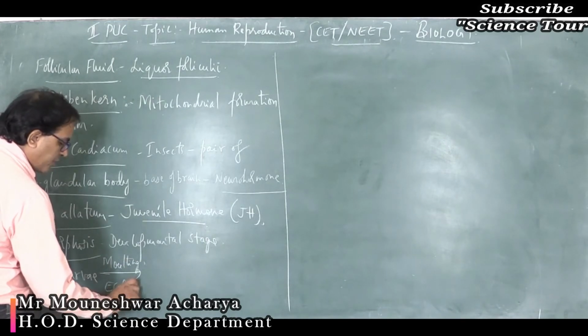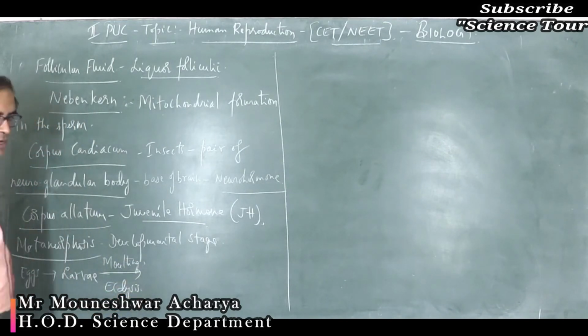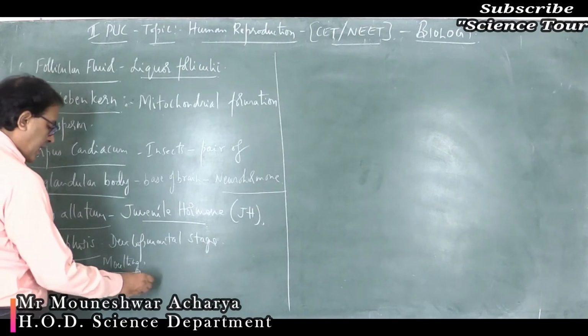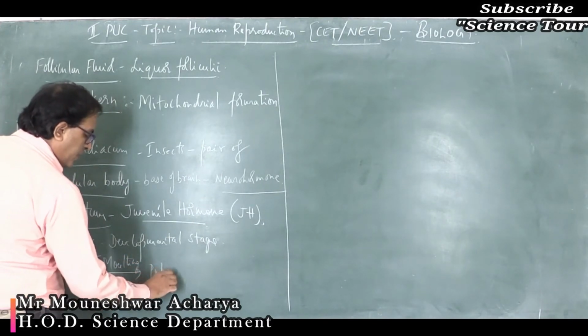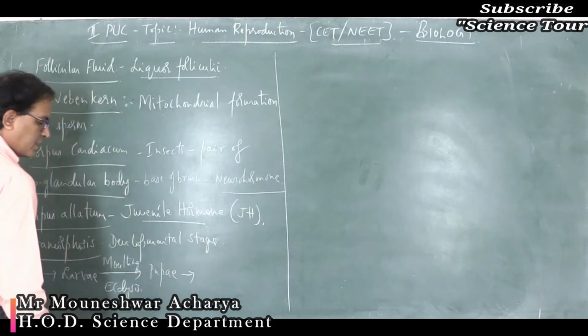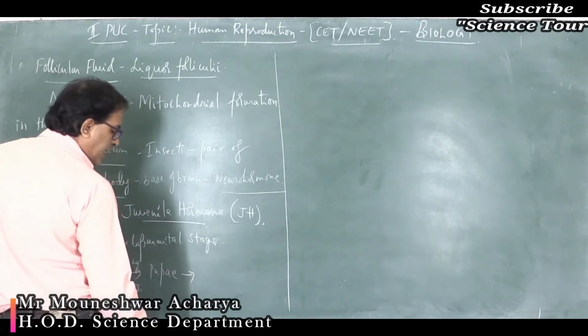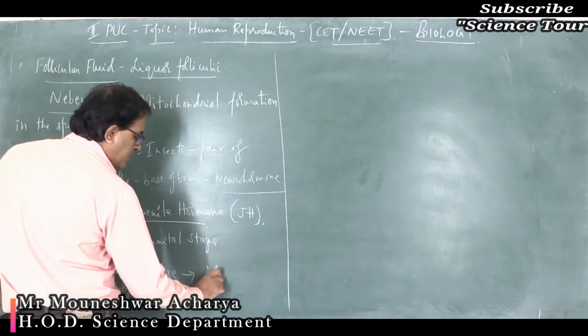They will cast off their outermost skin several times, 13 times in the case of cockroach. So eggs will hatch into larvae, larvae undergo molting, and then pupate, undergo the pupal resting stage, and then the adults will form.